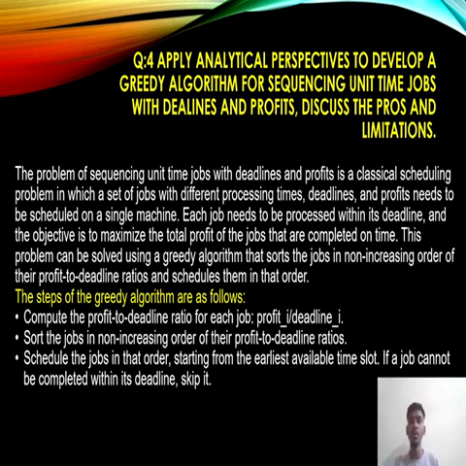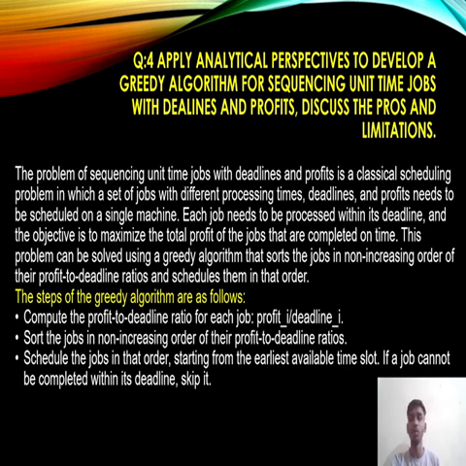The problem of sequencing unit time jobs with deadlines and profit is a classic scheduling problem in which a set of jobs with different processing times, deadlines, and profits need to be scheduled on a single machine. Each job needs to be processed within its deadline, and the objective is to maximize the total profit of the jobs that are completed on time.